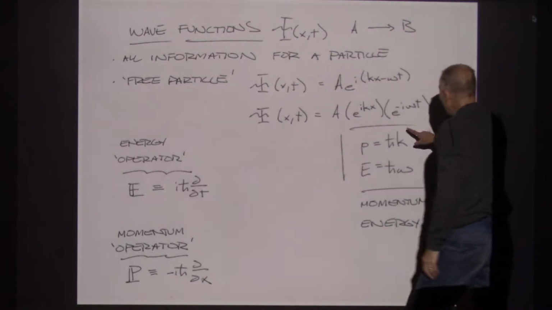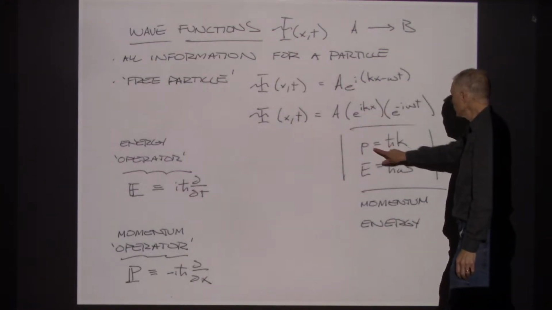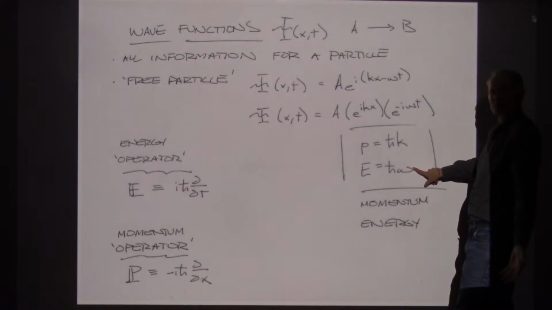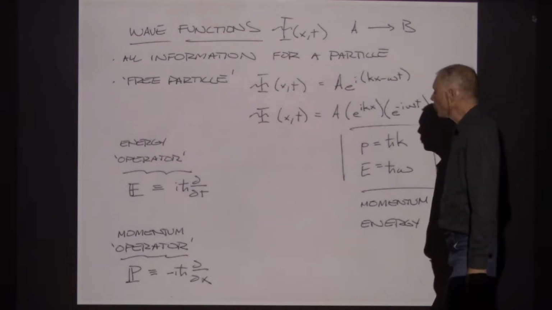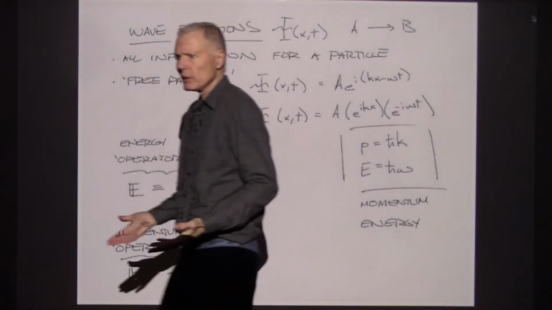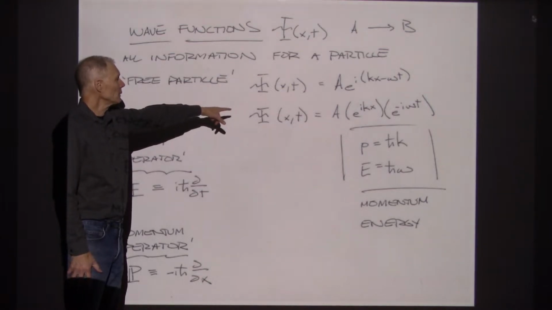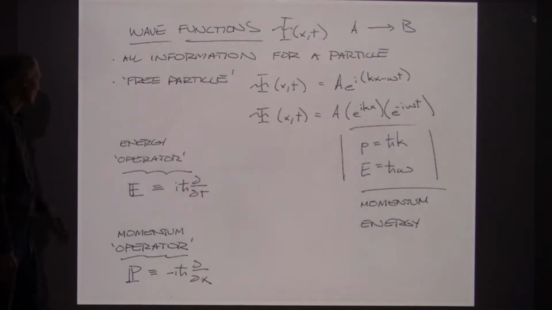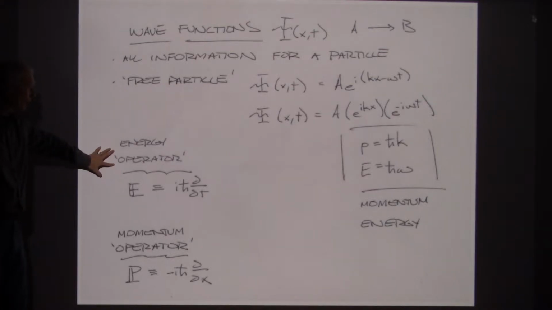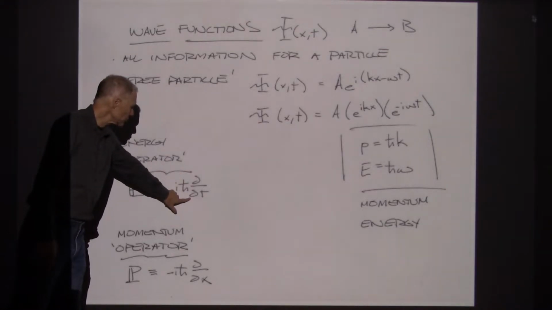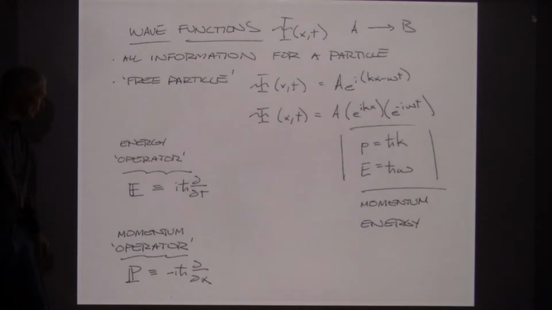Now, the wave numbers that we have in here depend on the momentum, and the frequency, this is what we talked about in the previous chapter, depends on energy. And so what physicists realized is that if this is the generic way to represent a propagating particle, then a particle's energy could be thought of as an operator where we take a partial derivative with respect to time, multiply it by i h bar.